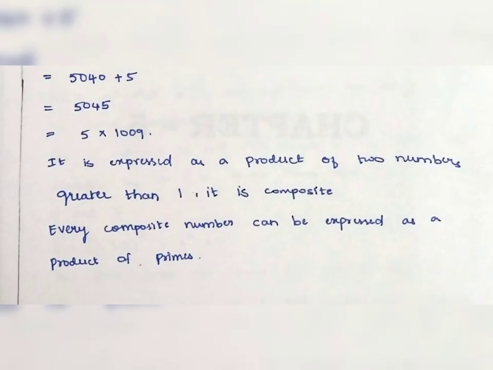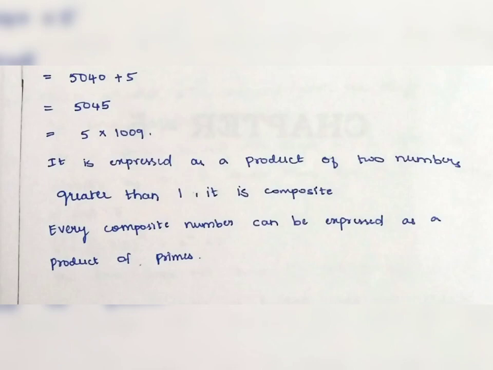It can be expressed as a product of two numbers greater than 1. So if we could express it as 5 into 1 alone, then we could say that it is a prime number. But we are not expressing it as 1. It is 5 into 1009.